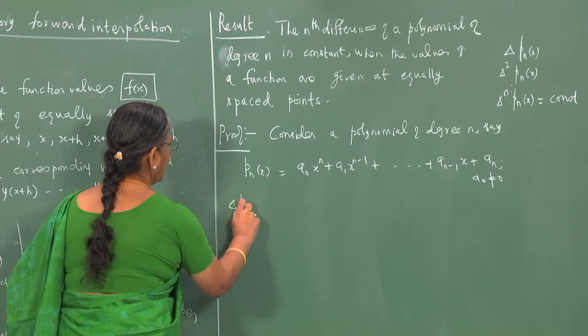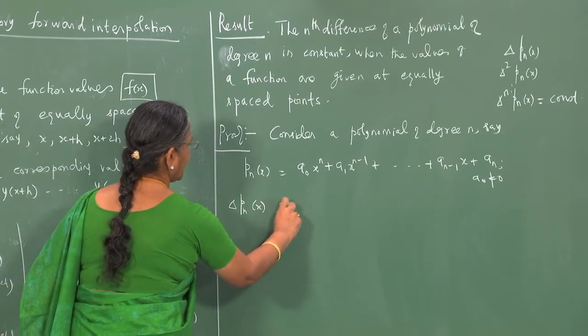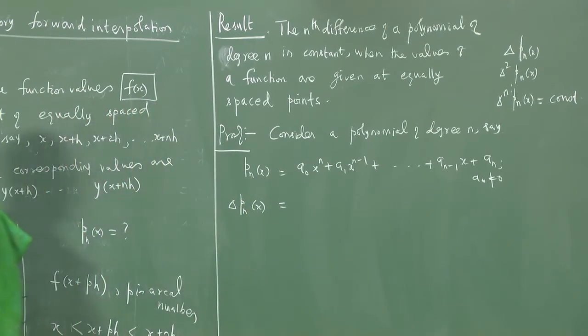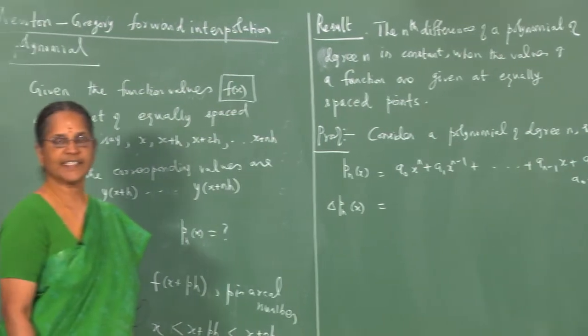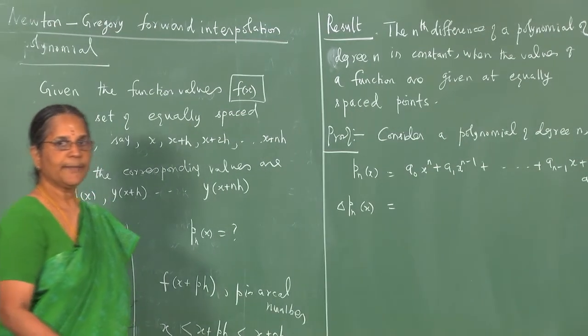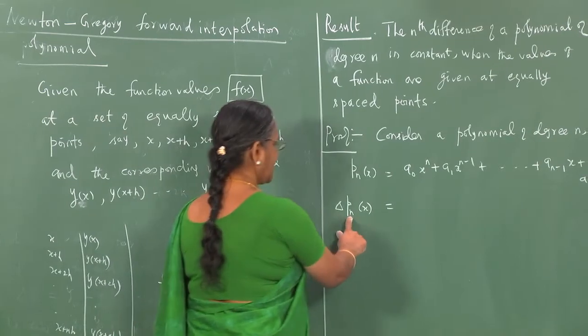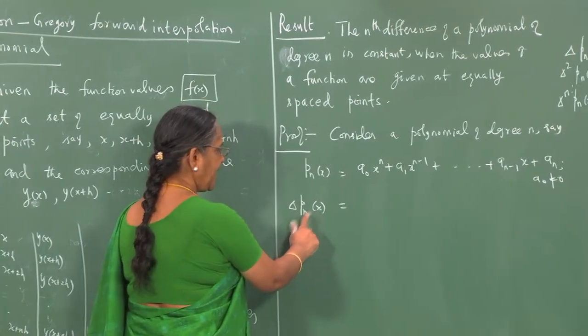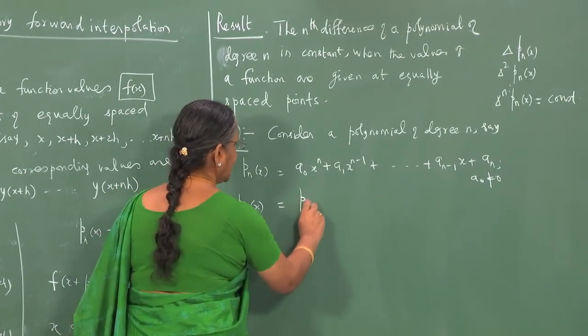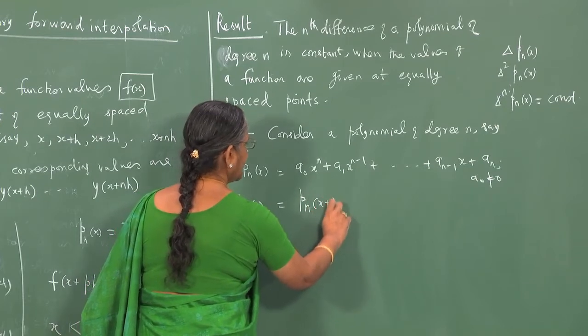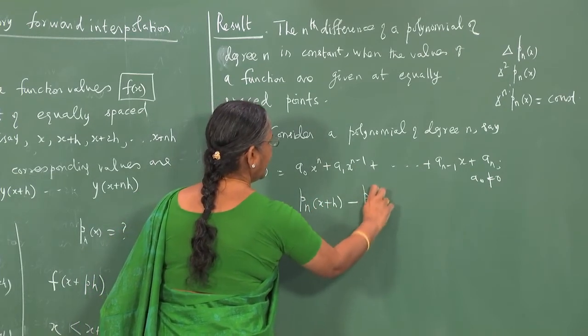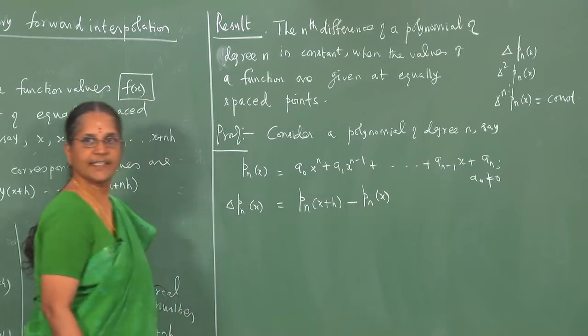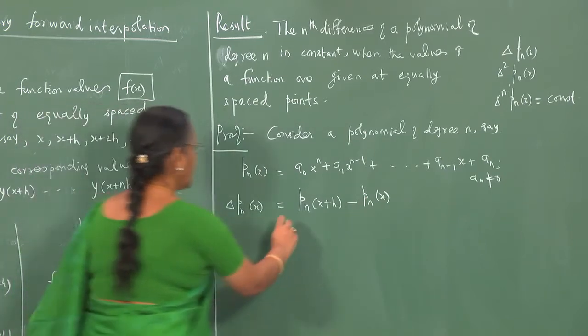So, let us first get the first forward difference of p n of x. What is the definition? Delta, when it operates on p n of x, it produces p n at x plus h minus p n at x. So, that is the definition.